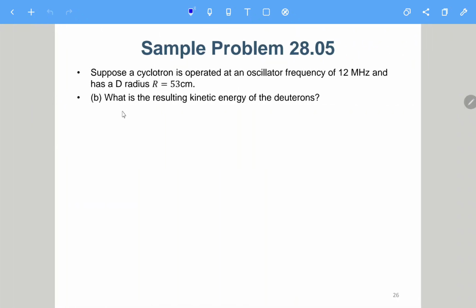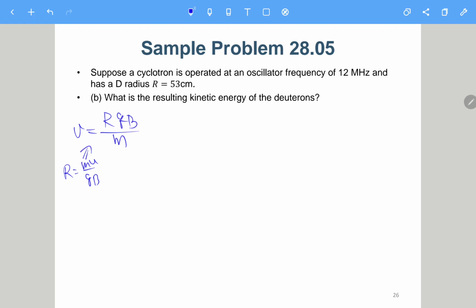Okay, so the next question: what is the resulting kinetic energy of the deuteron? We would like to calculate the velocity first, and then we can use the kinetic energy, 1/2 mv squared, to calculate the energy. So v is rqB over m. It originates from r equals mv over qB.